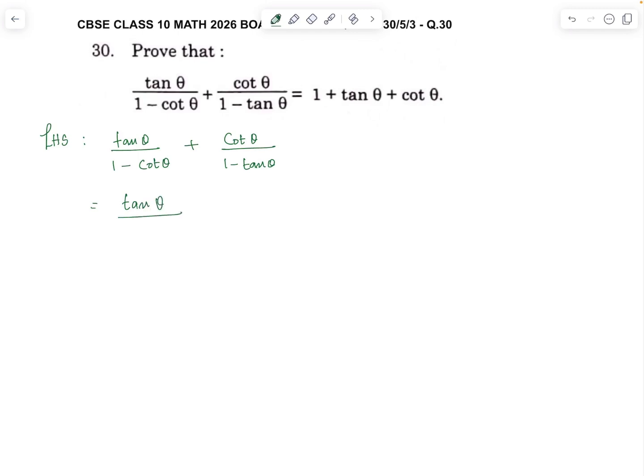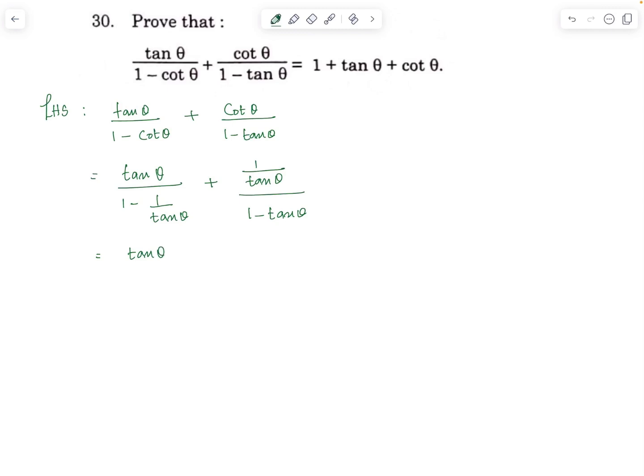So tan theta upon 1 minus 1 upon tan theta plus 1 upon tan theta upon 1 minus tan theta, which is tan theta upon the denominator is tan theta minus 1 upon tan theta plus 1 upon tan theta times 1 minus tan theta.